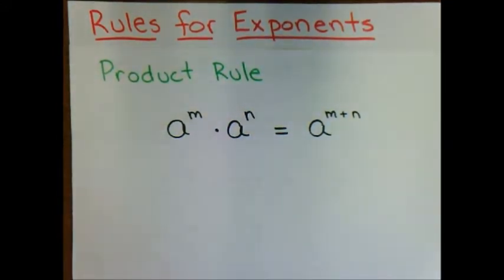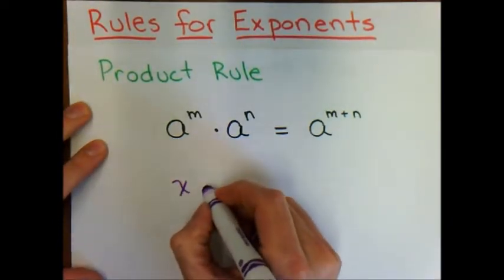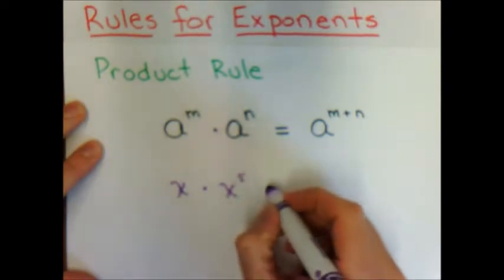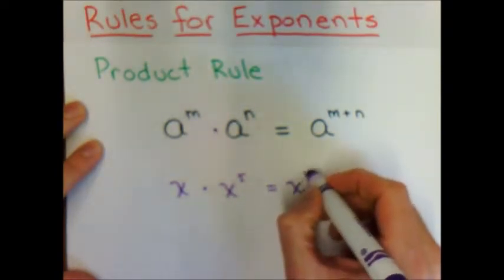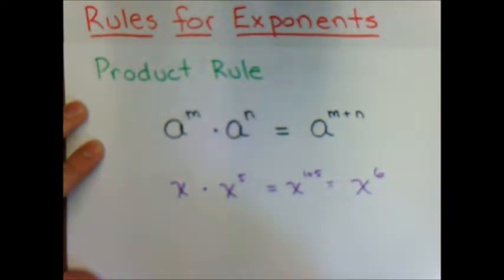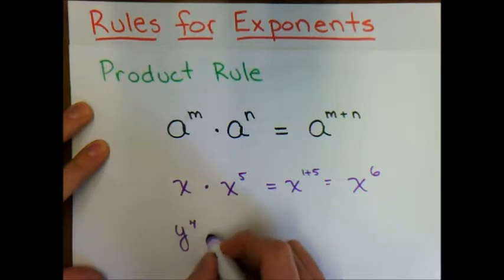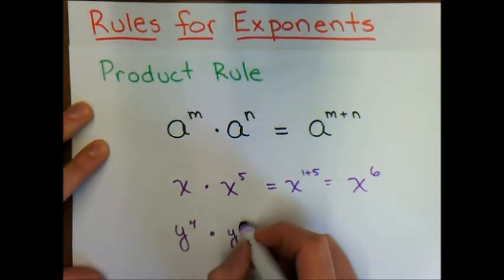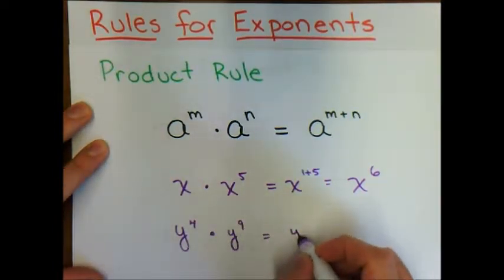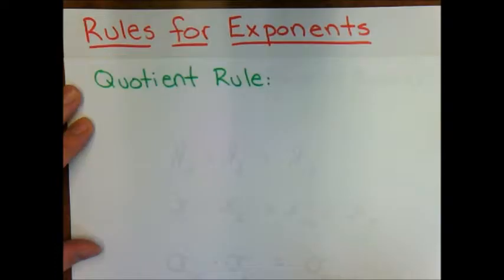So we'll see an example of that with x times x to the power of 5, simply x to the power of 5 plus 1, which is equal to x to the power of 6. Another example, y to the power of 4 times y to the power of 9 is equal to y to the power of 13. And there you have the product rule for exponents.